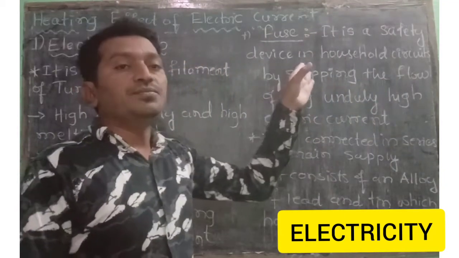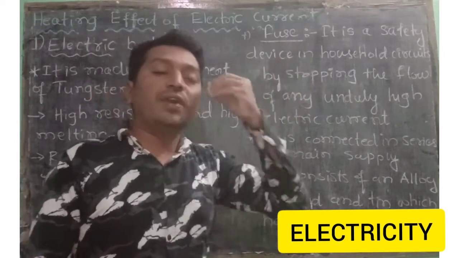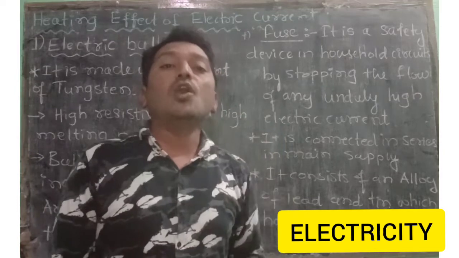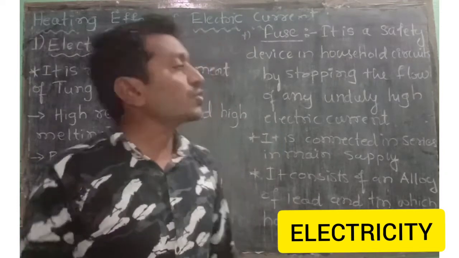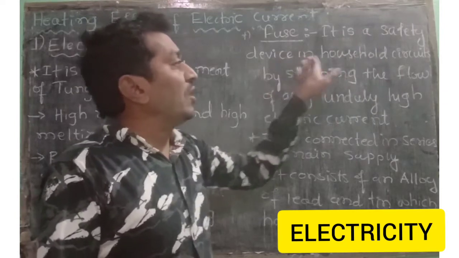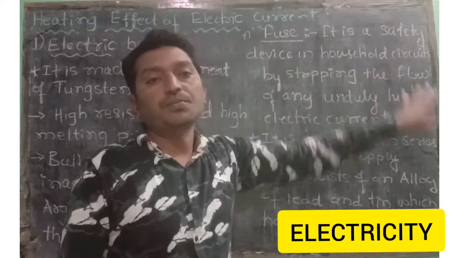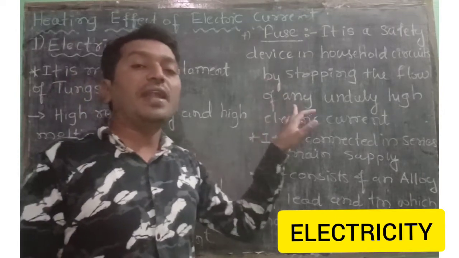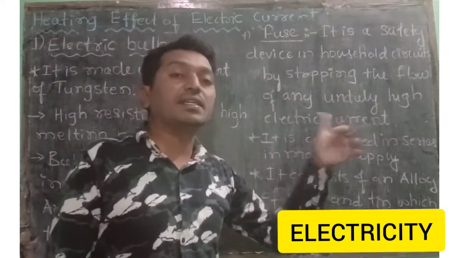And the second one, the fuse, is also a very important component in our household. It is a safety device in household circuits, especially by stopping the flow of any unduly high electric current.